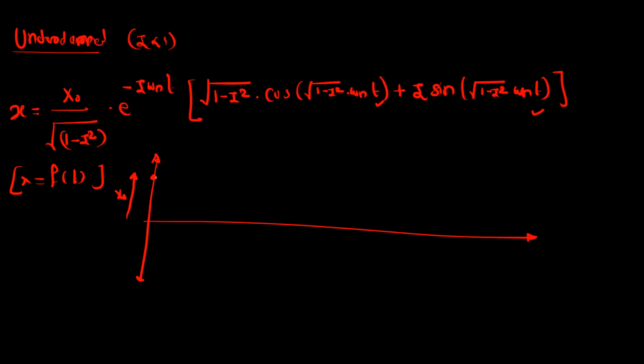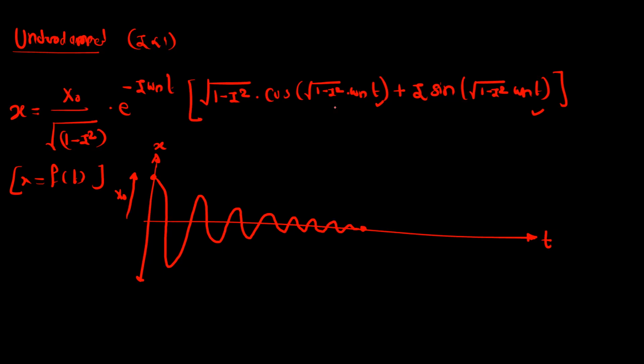From this initial displacement, the waveform will be like this. The system will be vibratory, and after some time, the displacement of the mass will become 0. So it will get settled at the equilibrium position only. This is your time axis and this is the displacement axis.